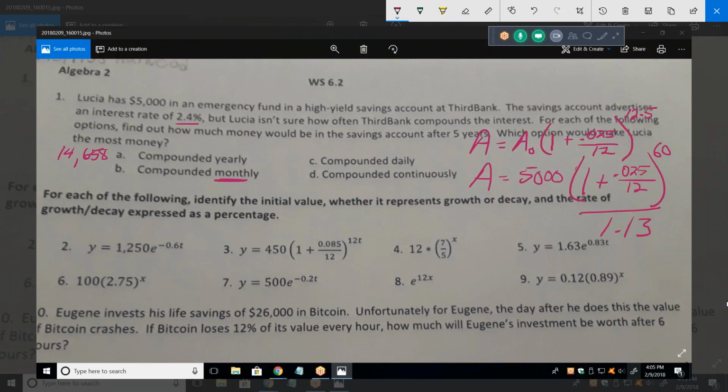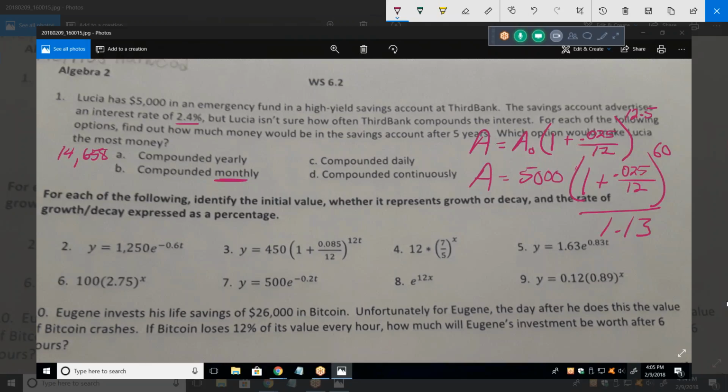I'm going to check the previous answer here. Hold on one second. Okay, so in the first case, it was 1.025 to the 5th power, right? 1.025 raised to the 5th power gave me 1.13.